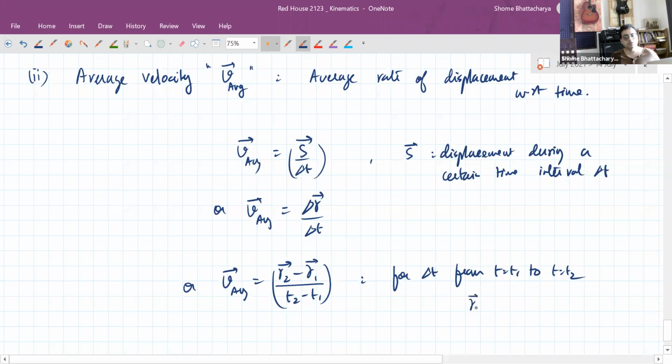Here R2 is position at T equal to T2. So obviously T2 has to be greater than T1. We never talk about average velocity or displacement in a negative time interval. We always talk about a positive time interval.